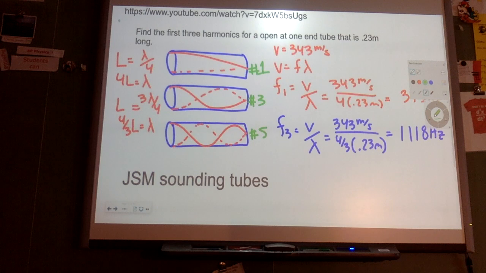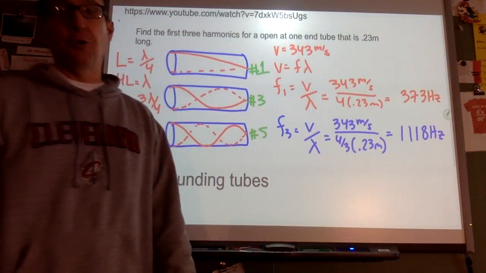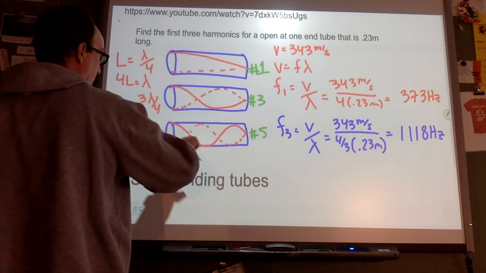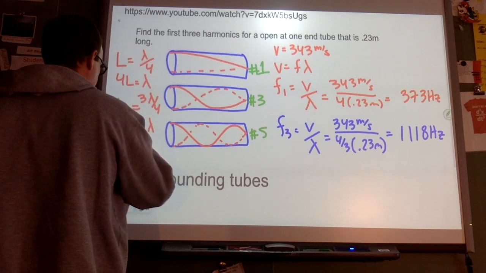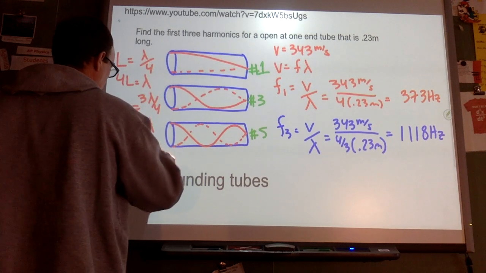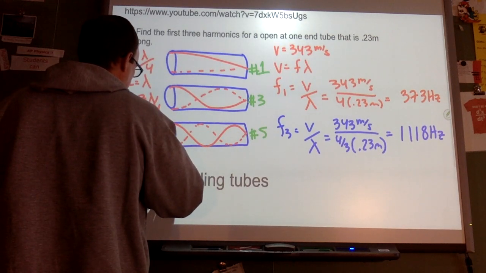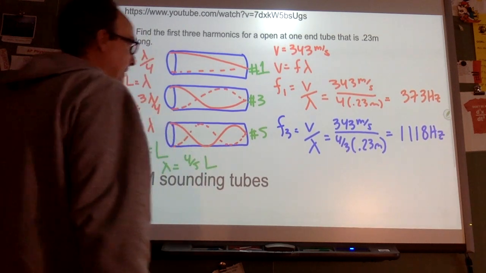Okay, so for the fifth harmonic, because we only have odd harmonics for tubes that are open at one end, I know that I have 1 1/4 wavelengths in the length. And so I have 5/4 wavelengths in the length of the tube. And so I know my wavelength is going to be 4/5 of the length.